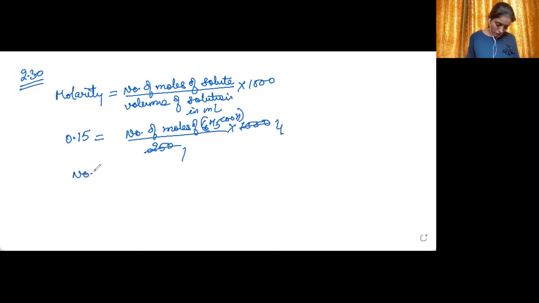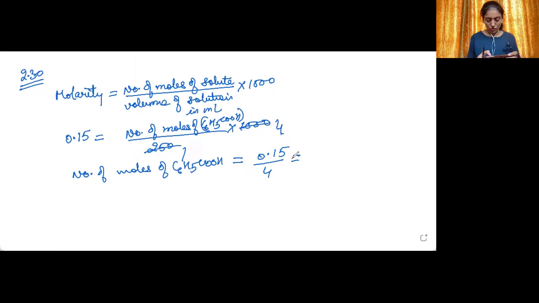Number of moles of benzoic acid will be equal to 0.15 divided by 4. So it's coming out to be 0.0375. Now this is the number of moles that is required, but we have been asked the amount.